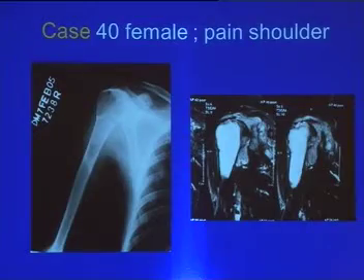Okay. Now coming to infective thing, this is a 40-year-old female who had a pain in the shoulder, and we see this large lytic lesion which on this image has got highlighted. And histologically we saw a lot of giant cells. Now these giant cells have the typical horseshoe or Langhans giant cell appearance.